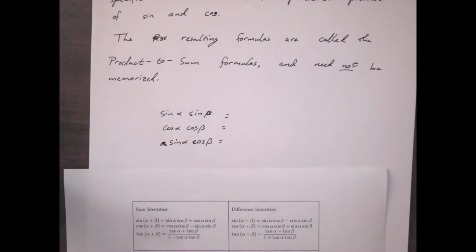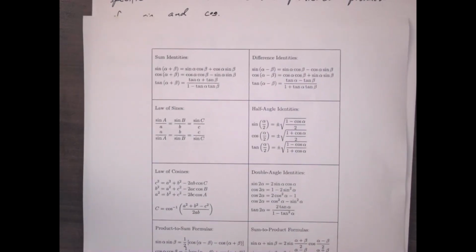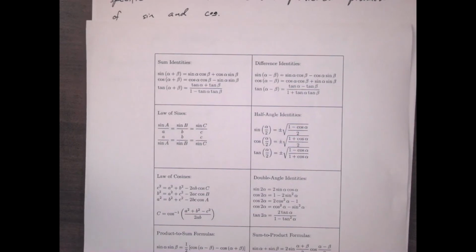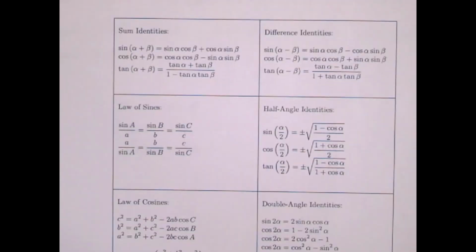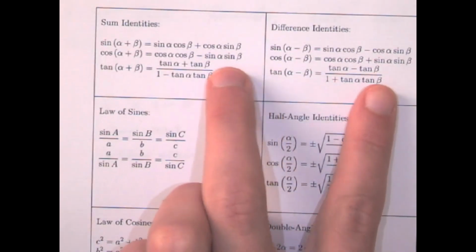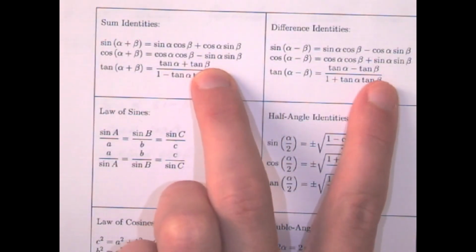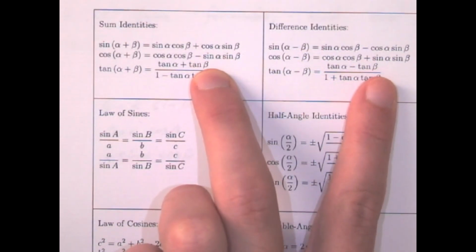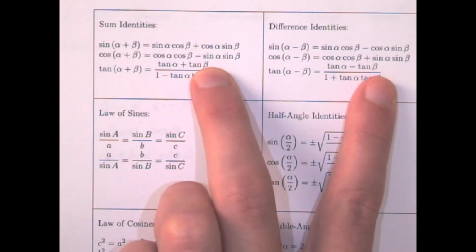Now, if we look at what it says here, we can take the difference and sum identities and they can be combined in such a way as to produce these particular outcomes. So let's look at this. Let's say we wanted to make the sine sine. How do you get that? If you look at the cosine addition and difference formulas, those each have a term sine alpha, sine beta.